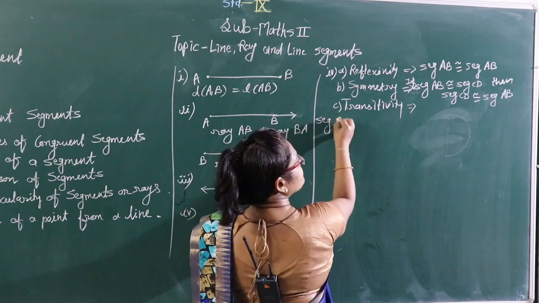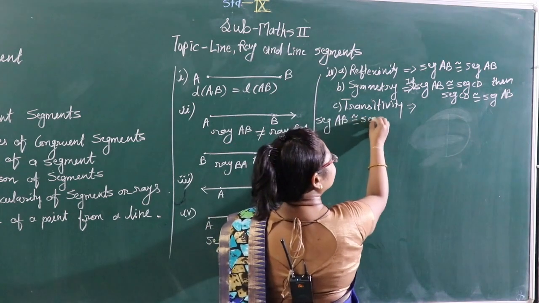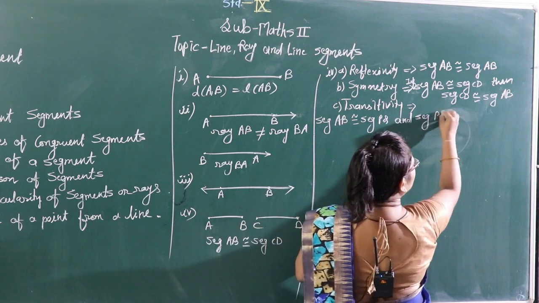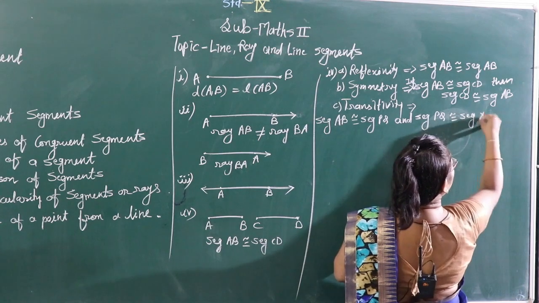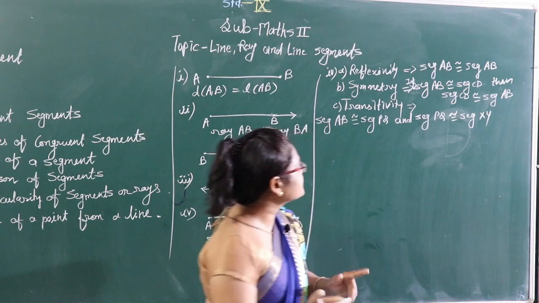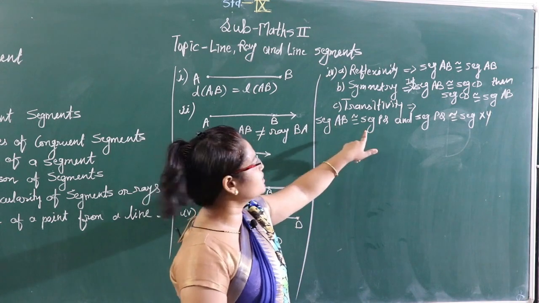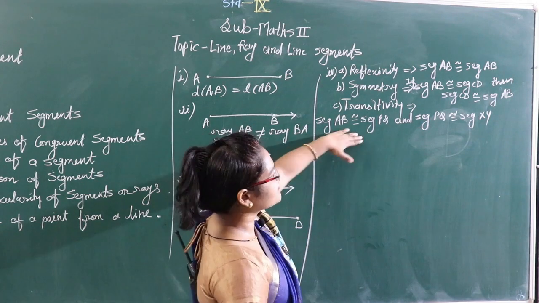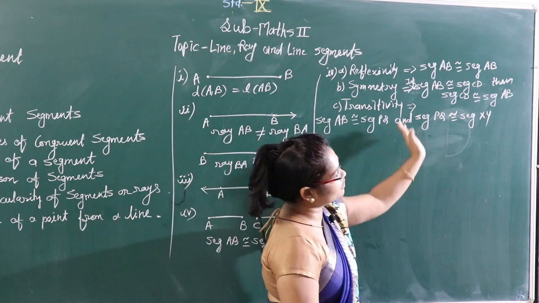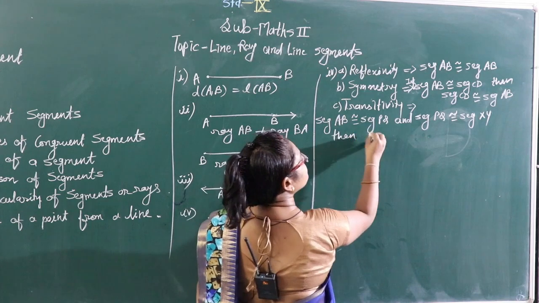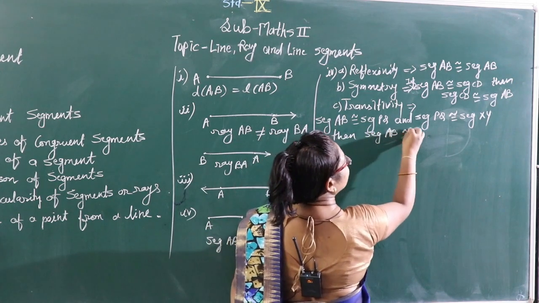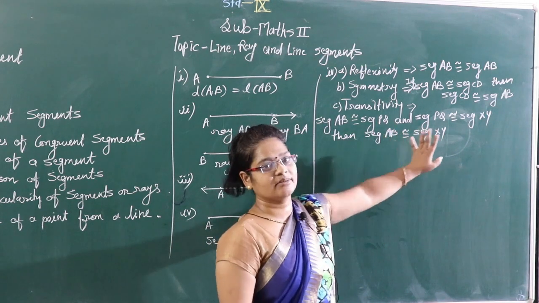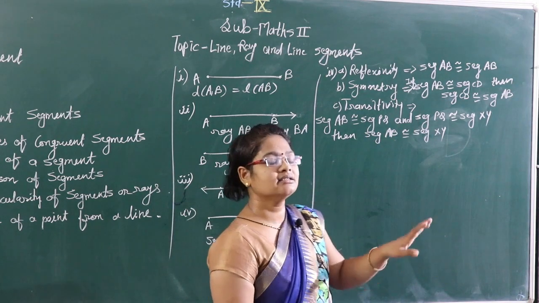For example, if segment AB is congruent to segment PQ and segment PQ is congruent to segment XY, then segment AB is congruent to segment XY. This property is called transitivity.